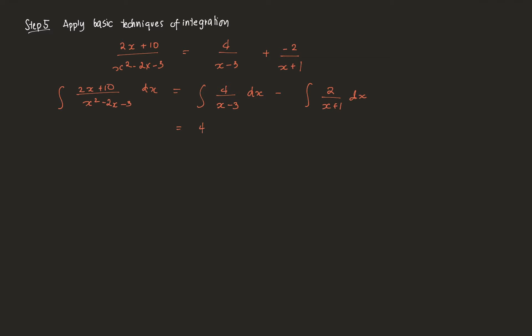So this is 4 times the integral of 1 over x minus 3 dx minus 2 times the integral of 1 over x plus 1 dx. The integral of 1 over x, something expressed to x, is just ln of the absolute value of x minus 3, minus 2 times, same procedure, ln of the absolute value of x plus 1, plus an arbitrary constant because this is not a definite integration.